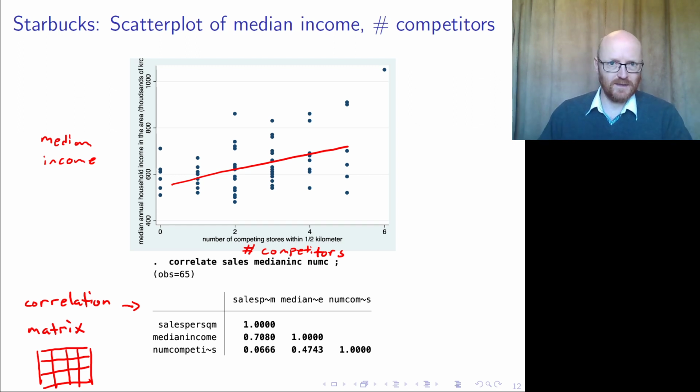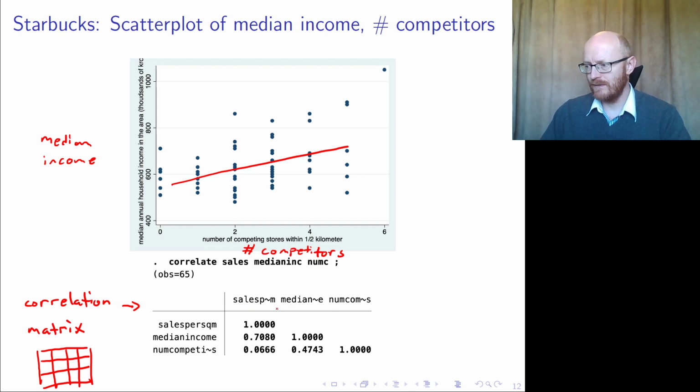So that's a matrix. Okay, so you run this code, correlate sales on median income and number of competitors, and you see the correlation matrix here gives you the correlation between these three variables. And of course, sales per square meters is perfectly correlated with itself, right?